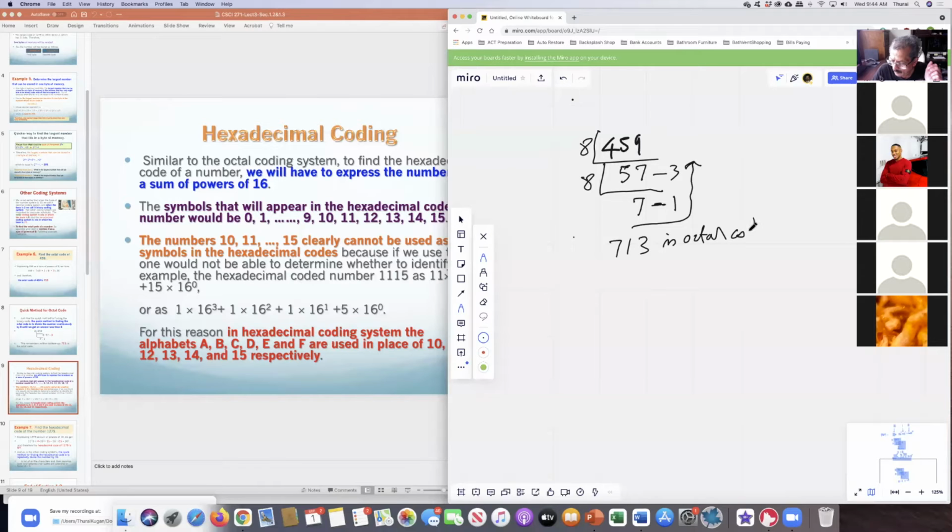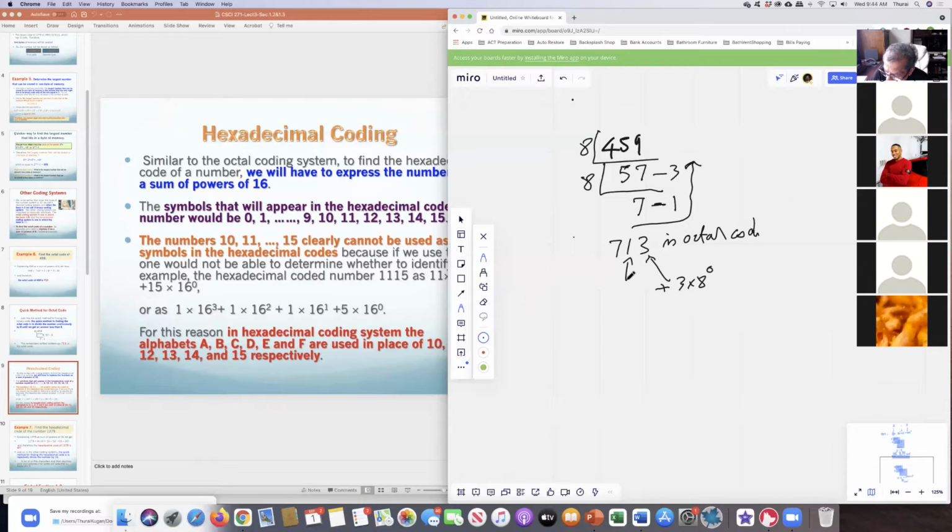Of 459. All right, now, if you want to go from octal code back to decimal code, if I give you 713 as the octal code and ask you to find the decimal equivalent, then this 3 represents 3 times 8 to the 0 in the actual value of this number.